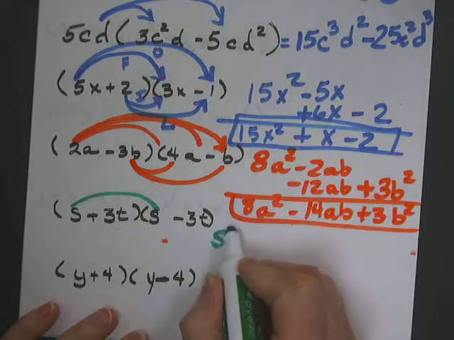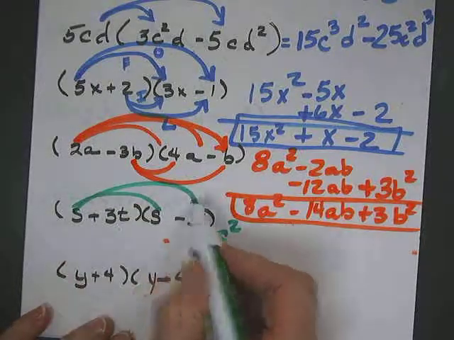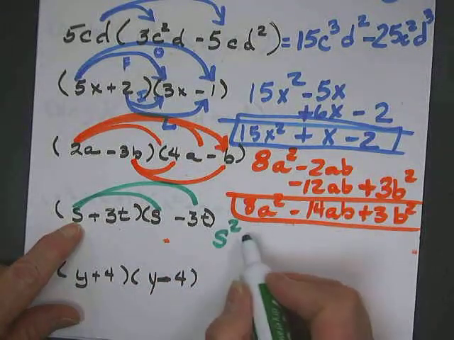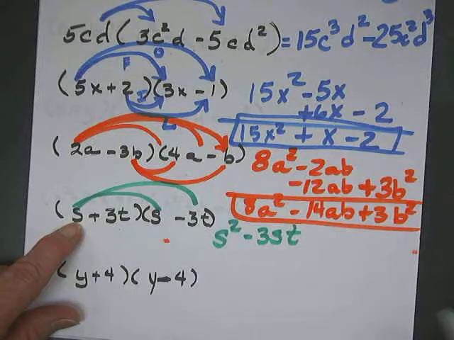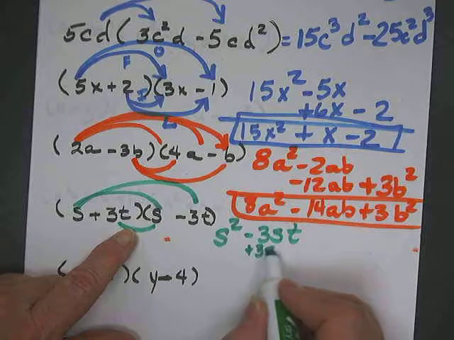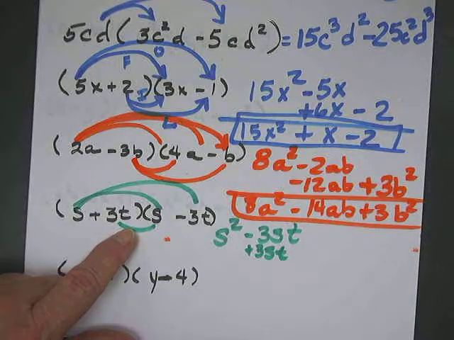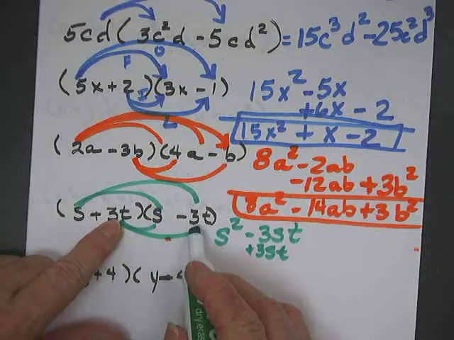Okay? First times first. S times S, S squared. Outside, minus 3st. Inside, plus 3st.